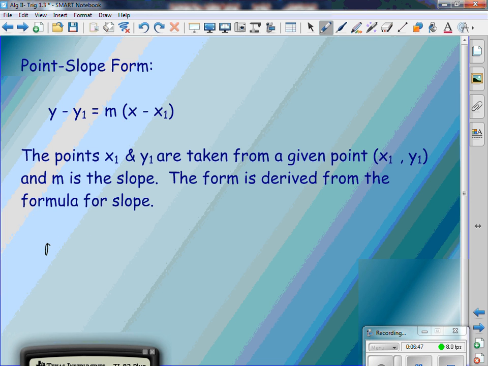Just to show you, I'm only going to know one point. You don't have to write this part down. There's the formula for slope. I only know one point. That's why I don't have y1 and y2. I'm going to multiply this one to the other side.